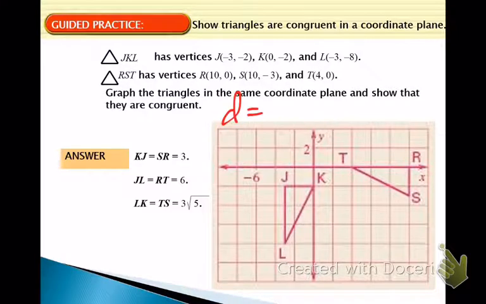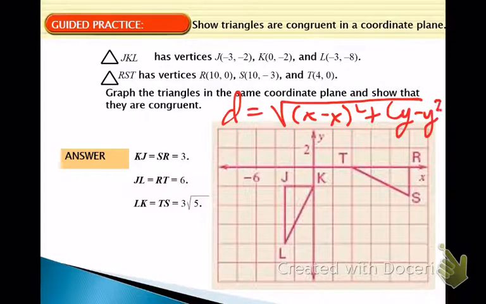We would have to find the distance in the distance formula, which says subtract the x's and square them, subtract the y's and square them, and then add them together and square root. So we have to check all the distance formulas. Now, for horizontal and vertical lines, you don't have to use the distance formula. You can just count the lines, right?